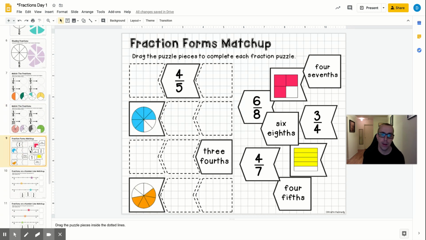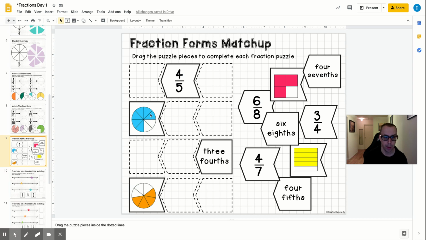Okay, now here you're going to complete the puzzle by dragging each representation of the fraction given. So in this first one, you're given 4/5. So there's 2 other ways to write or show 4/5 over here to the right. Now, for this one, you need to decide what the fraction is.